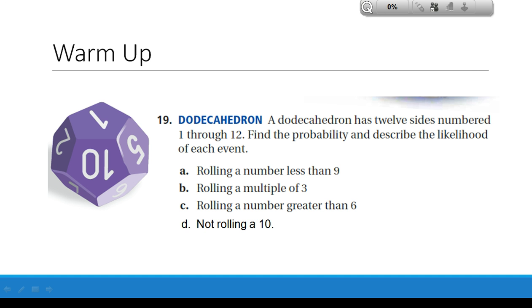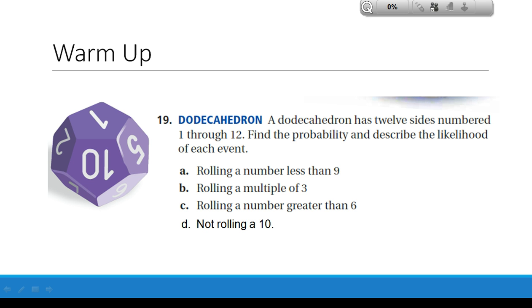So we have a dodecahedron, so that is a 12-sided die, and it's got the numbers 1 through 12, which we've already discussed. And we want to know the probability of each event. So rolling a number less than 9.